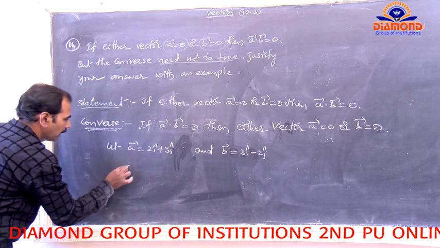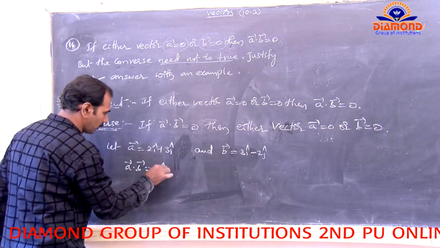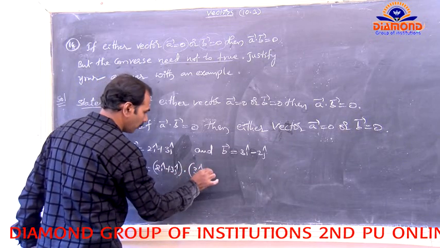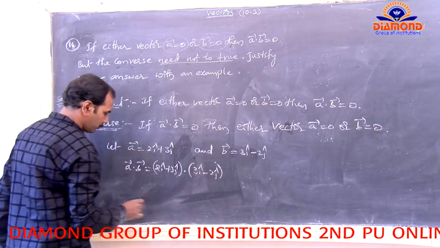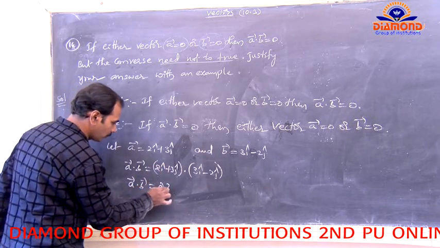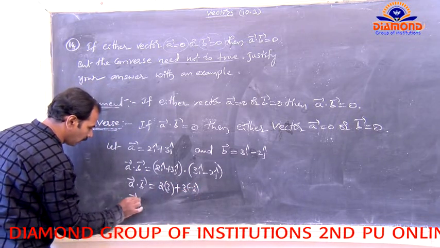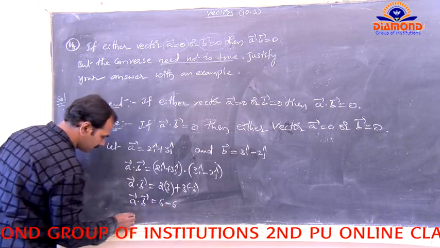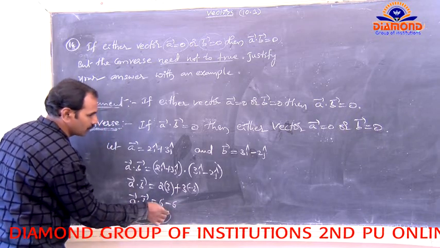So A bar dot B bar means (2i cap plus 3j cap) dot (3i cap minus 2j cap). You know a1 b1 plus a2 b2. It means A bar dot B bar equals 2 into 3 plus 3 into minus 2, so plus 6 and minus 6. The value is A bar dot B bar equals 0.